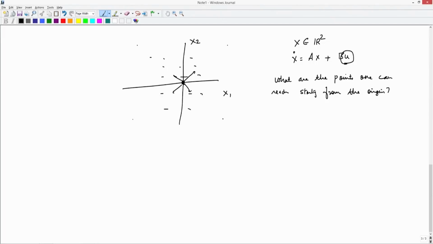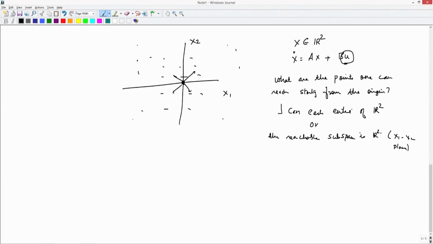If I say that I can reach all of this space in the plane, any point, then I can say that I can reach the entire R2, or the reachable subspace is R2, the entire x1 x2 plane in both directions.